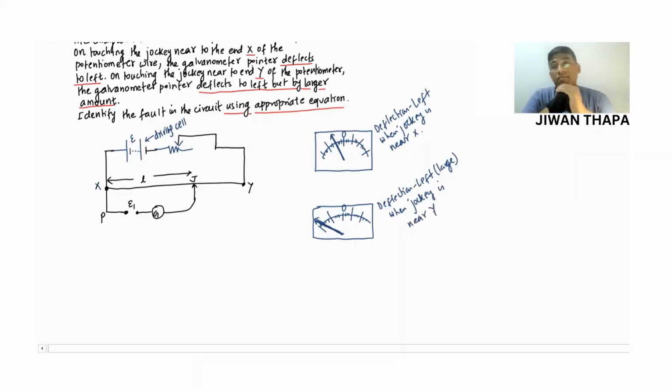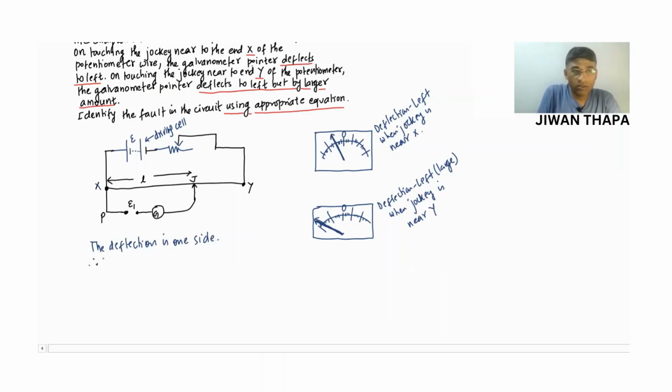So it means that there is some fault in the given circuit because the deflection is one side. So I'm writing over here, the deflection is one side.